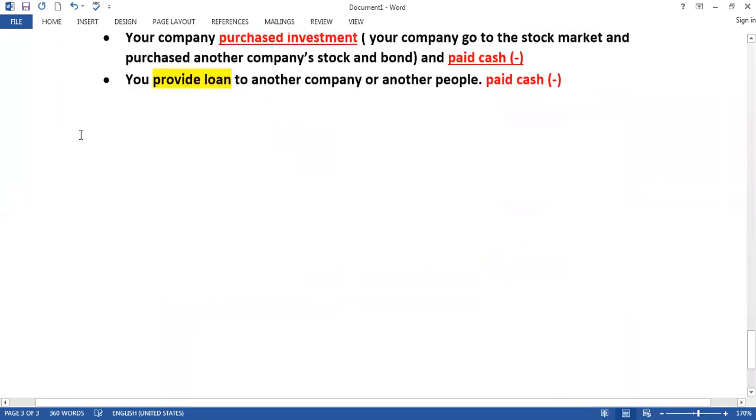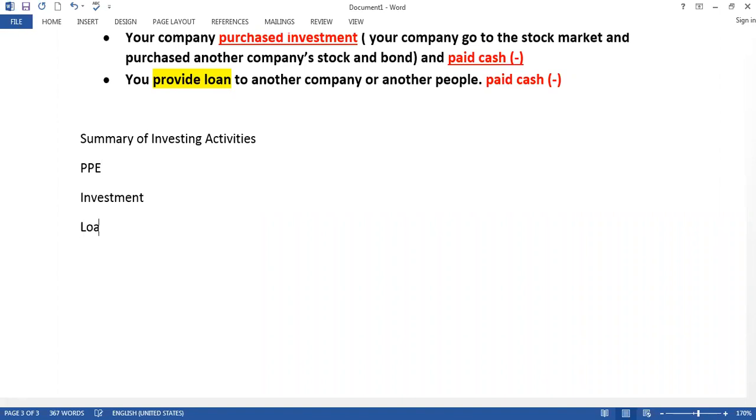Now let's see the summary. Summary of investing activities. So we have three components here: property, plant, and equipment, we have investment, and we have loan.